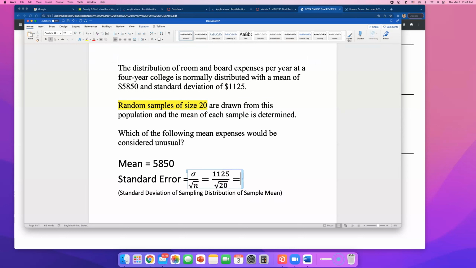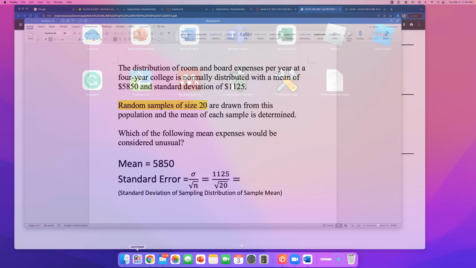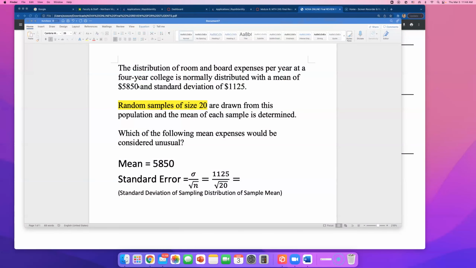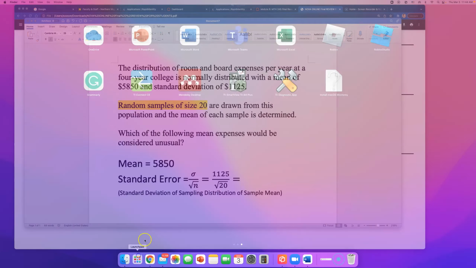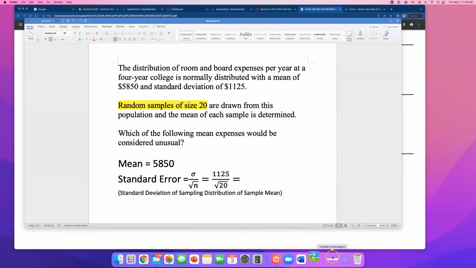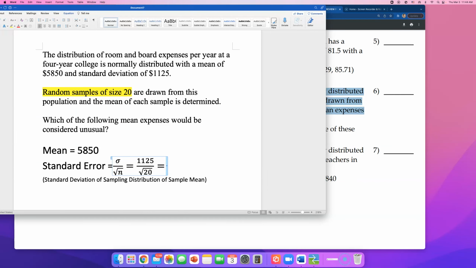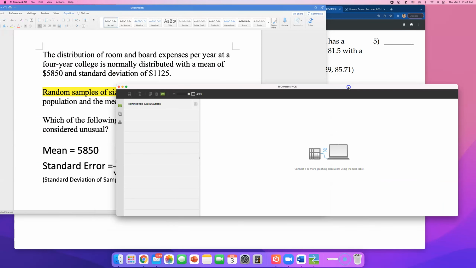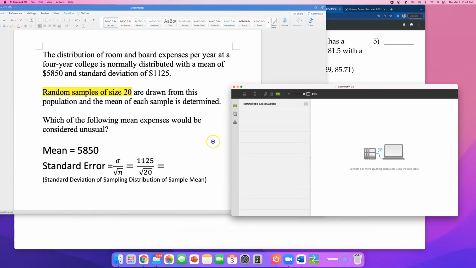So let's figure out what that is in decimal. I'll just use my calculator. I want to see if I can show you my calculator screen. I don't have an emulator, but I can take a screenshot of what I'm doing.